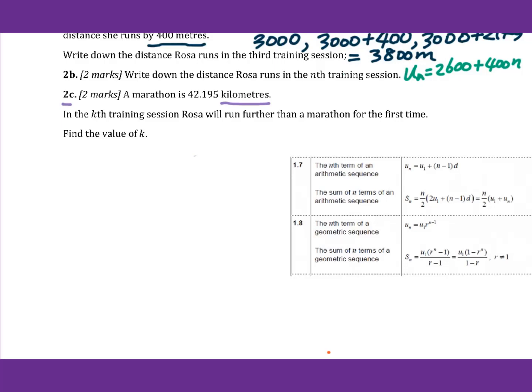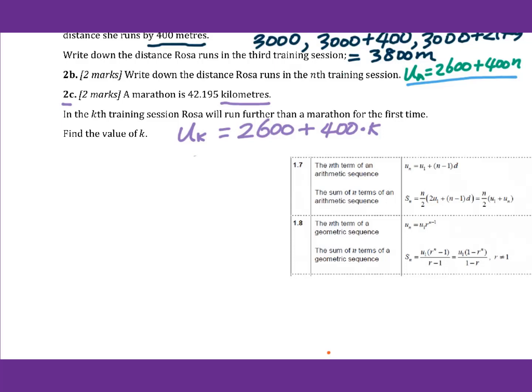Find the value of K. We will set up u sub K equals 2,600 plus 400 times K. In other words, in this general form, we change every single n into K.